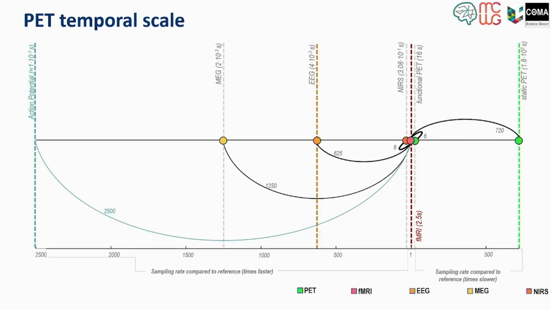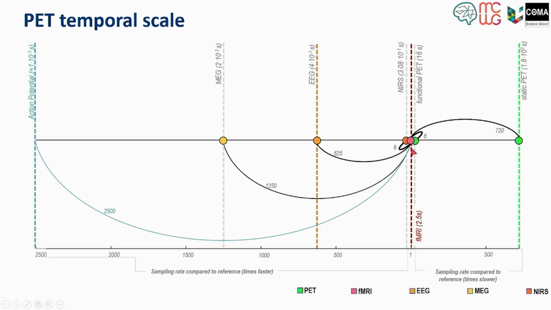Last point is about the temporal scale. So you might have heard that PET is not exactly the fastest technique ever. So you don't use PET alone to measure very fast brain dynamics. You see here, on a logarithmic scale, the temporal resolution of the different modalities, having fMRI as reference.